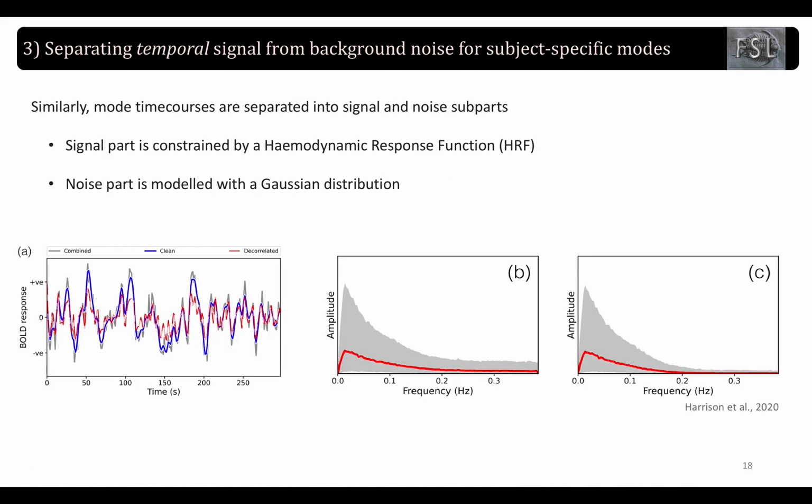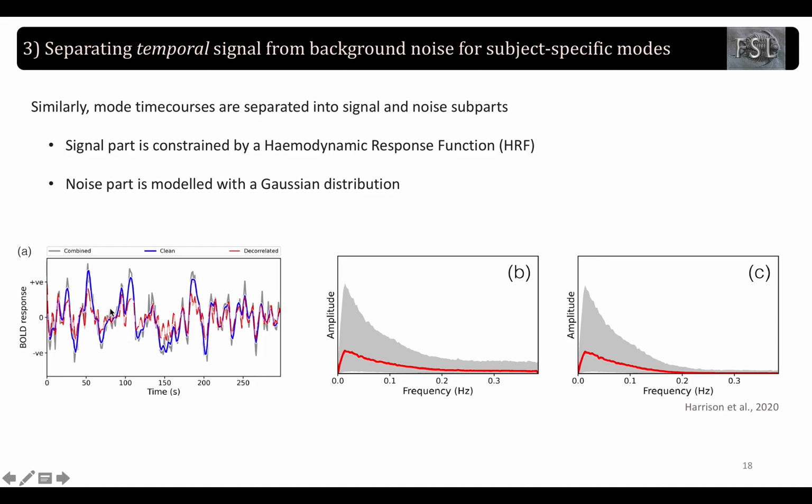Similarly, in the temporal domain, the model builds mechanisms to separate signal from background noise. Here we're showing a noisy time course in grey, and a clean time course in blue. If we look at the power spectrum of the grey time course, which is shown in the middle here, we can see that there's a lot of high frequency content going on, which we know that clean fMRI data should not have.